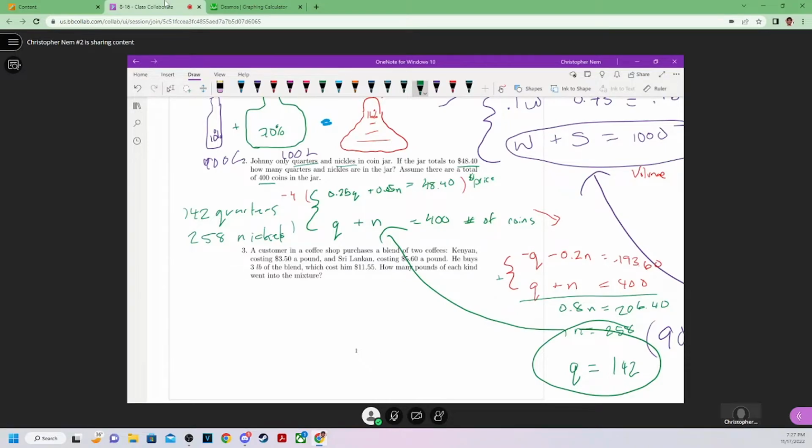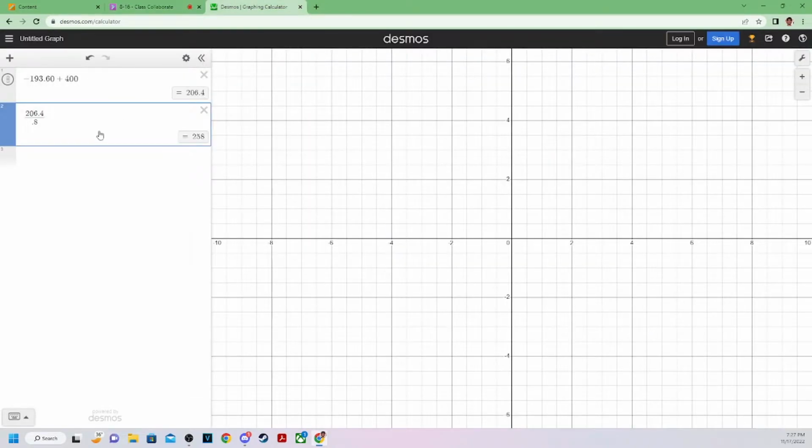And of course, you can verify this if you want to. They should add up to 400 coins in total, and if I actually calculate the price, 142 times 25 cents plus 258 times 0.05, they should give me the exact same amount of dollars that the problem related to.